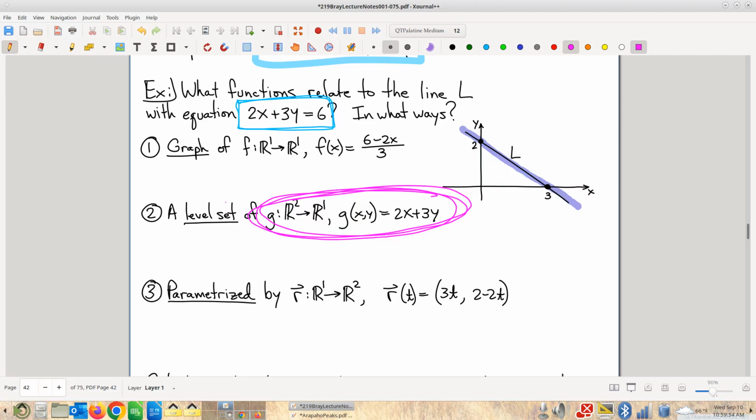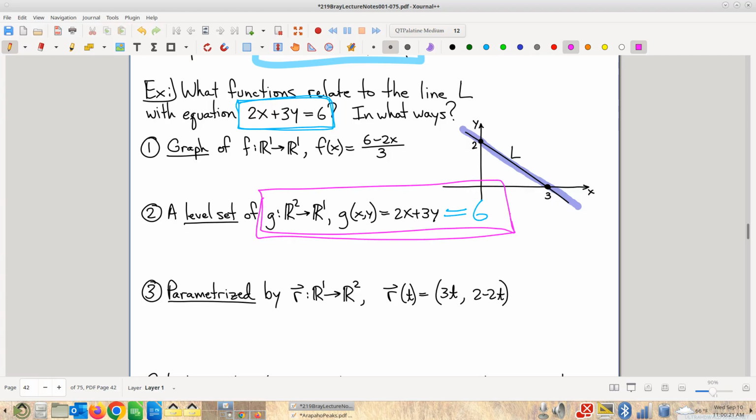Or here's another so-close-but problem. If a student, again, is asked to find me a function for which one of the level sets is that line, and then the student writes g of xy equals 2x plus 3y equals 6, you're telling me that, among other things, g of xy is equal to 6.